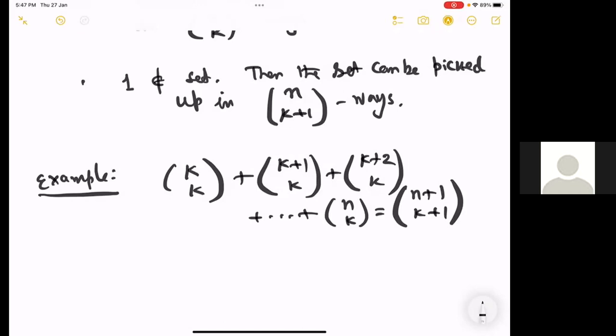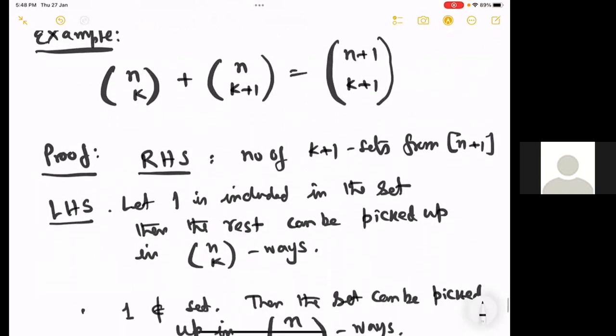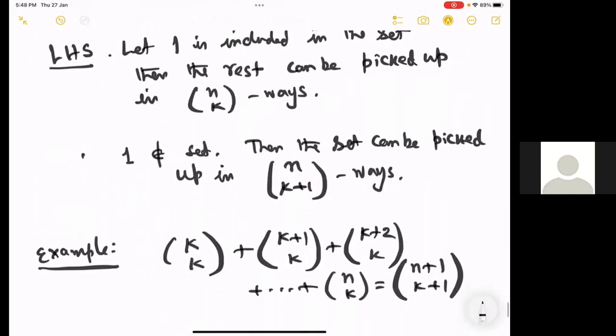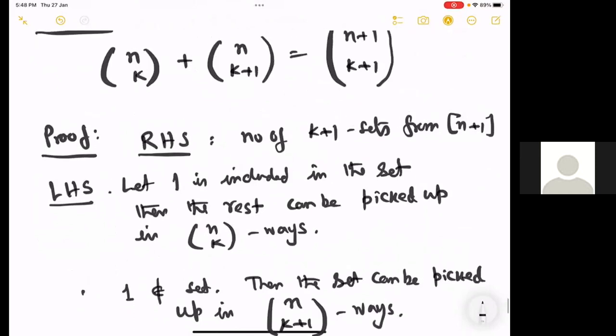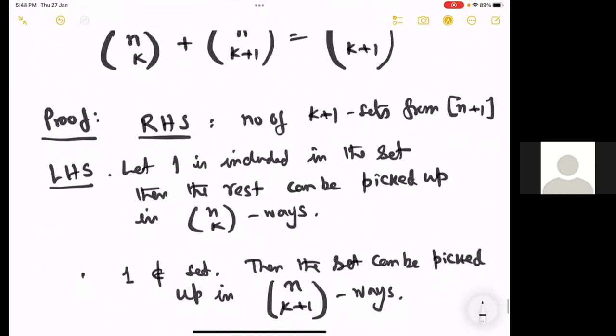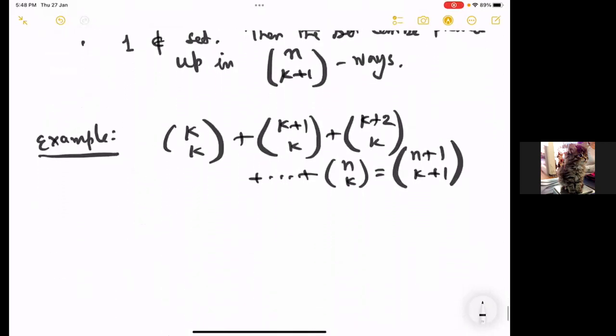Sir, can we take k choose k to be k plus 1 choose k plus 1, and then use the previous result continuously? Say it again. Write the first term, k choose k, as k plus 1 choose k plus 1, and then use the previous result. So since k choose k is equal to 1, we can write it as k plus 1 choose k plus 1.